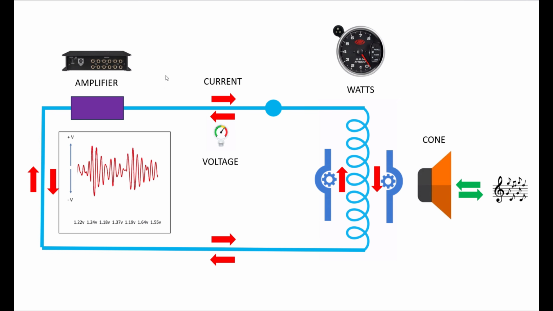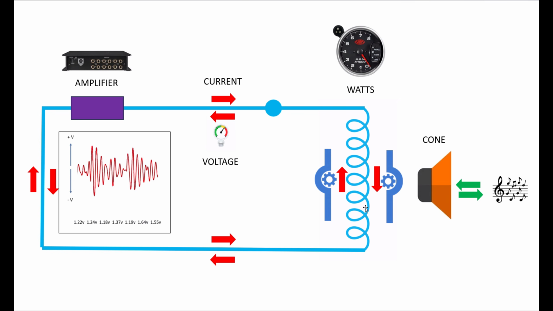That sends a series of voltages, positive and negative, to move the direction of the current back and forth. It's the current moving through the voice coil that actually creates the force that moves the cone, but it's the voltage that sets the direction and the strength of that current movement.